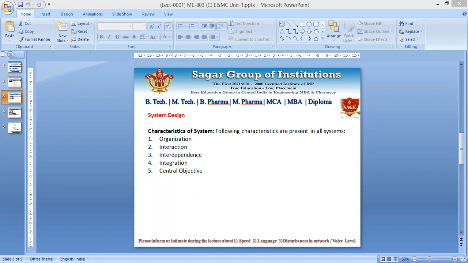Now the organization gives a clear picture about the structure and the order. It is the arrangement of components that really helps to achieve the overall objective or goals of an organization. See, if you want to perform or achieve anything, you need to have certain goals or targets or objectives with you, and to achieve those objectives and targets, you do each and every exercise for the same.